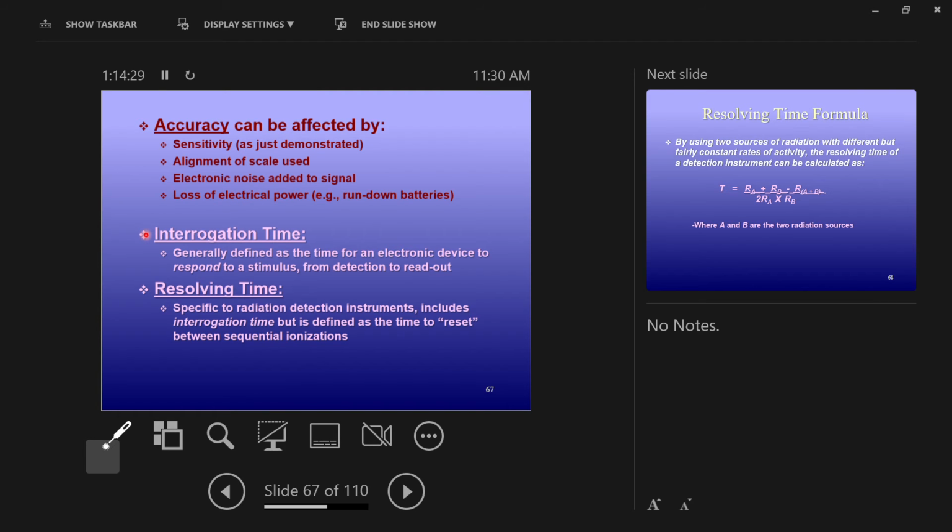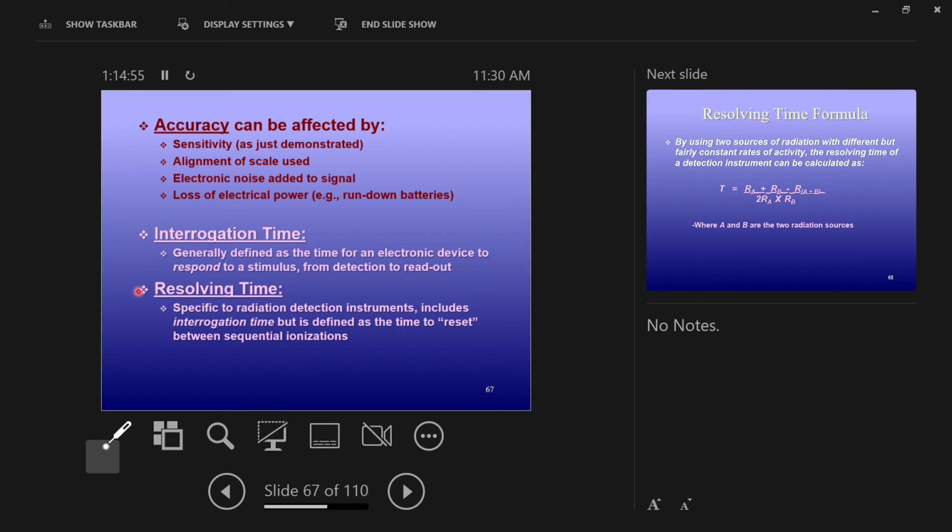Involved with accuracy is interrogation time. That's the time from the actual detection in the device to the readout on the screen. That is involved with resolving time. Resolving time is how much time there is from the detection event till you can measure your next event.